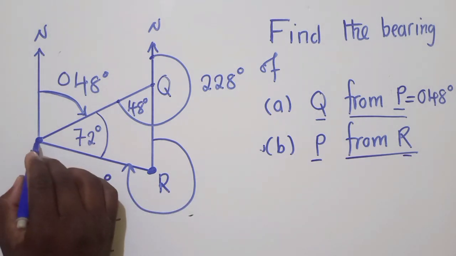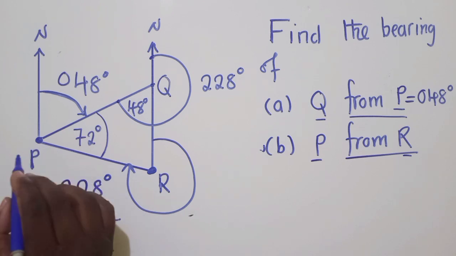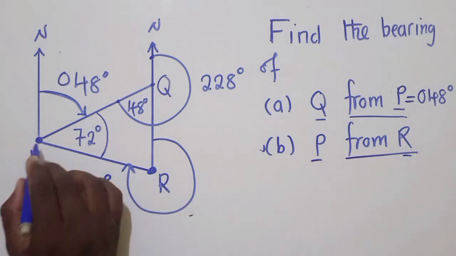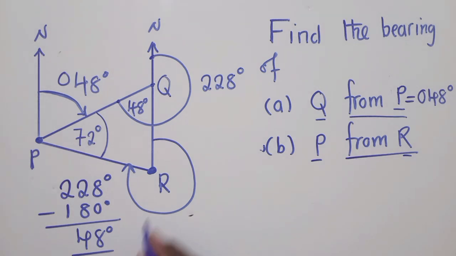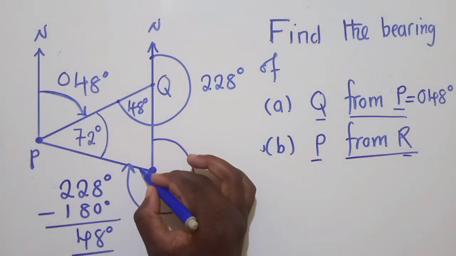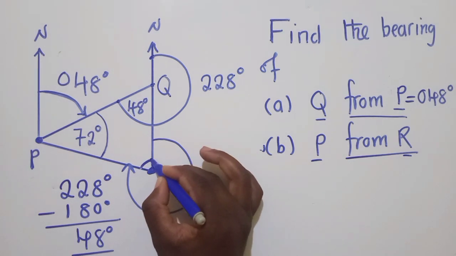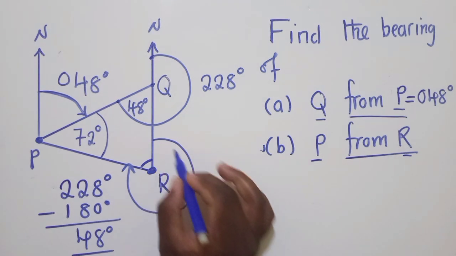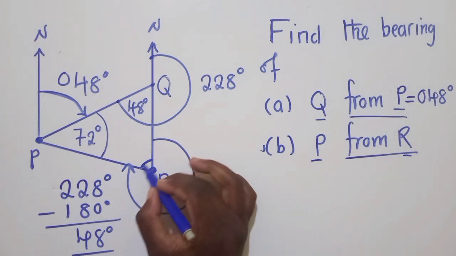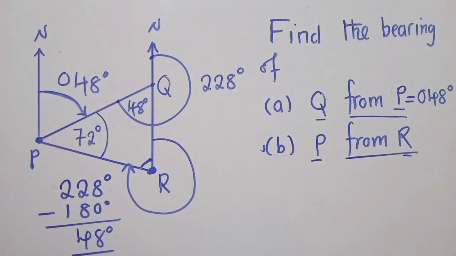So they said bearing of P from R. So you go to where they're saying from. And then here, looking at how it looks, we need to find this angle inside here so that we come and use the property of a circle, which is the 360. We just subtract this angle. That will be our answer.